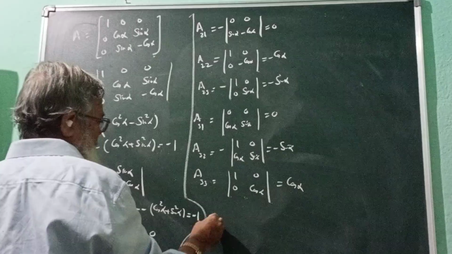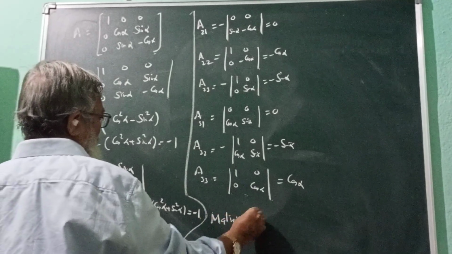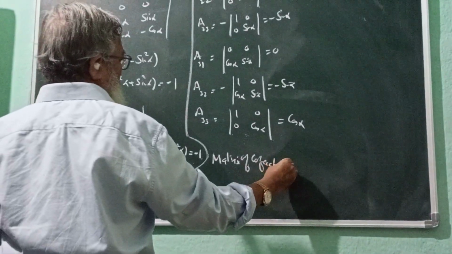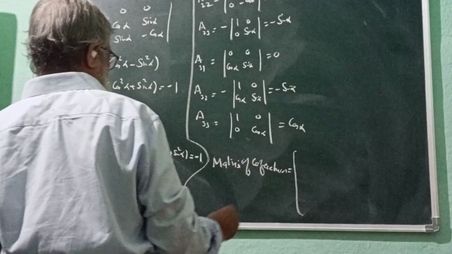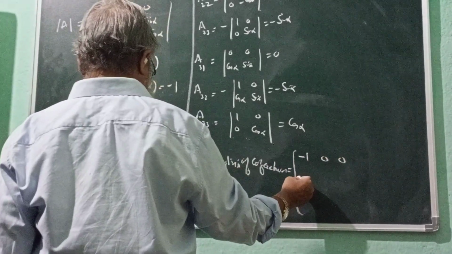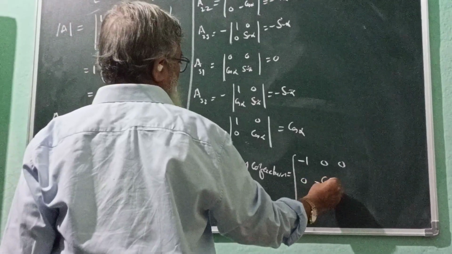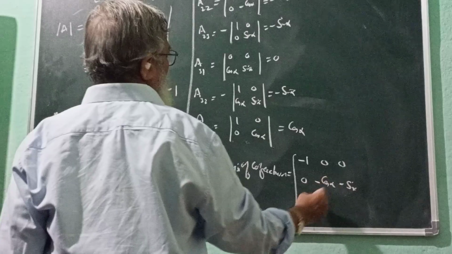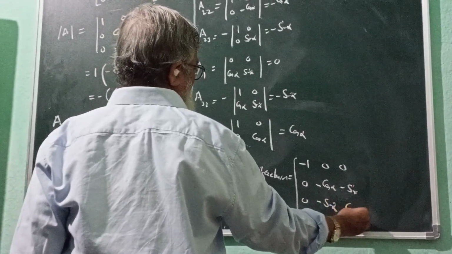Then we have to write down the matrix of cofactors. That is given here: minus 1, 0, 0; 0, minus cos alpha, minus sin alpha; 0, minus sin alpha, cos alpha.